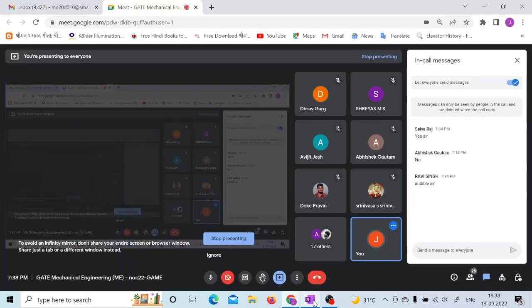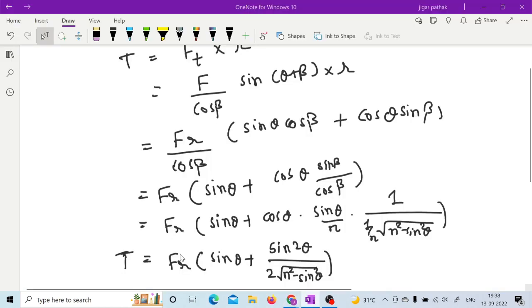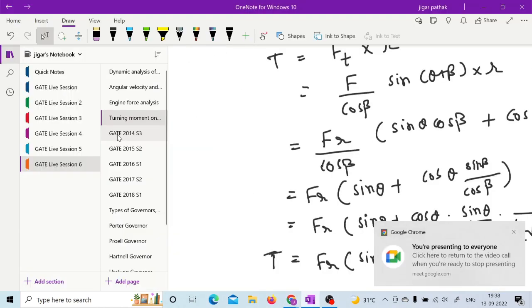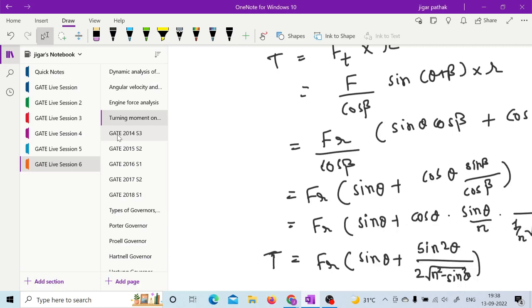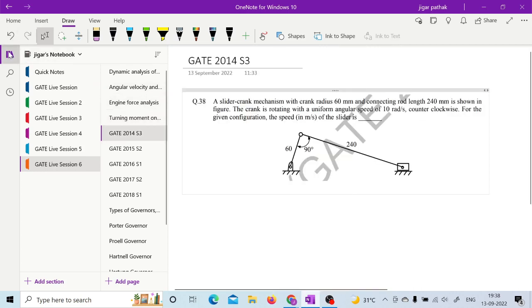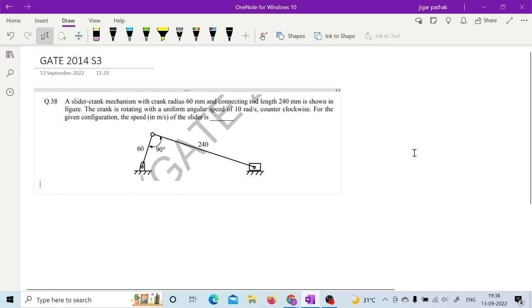So now once you are having this idea about the various forces acting on it and this turning moment acting on it, then we can go for some of the questions from the same area in GATE. Here is a question from GATE 2014 session 3: a slider crank mechanism with crank radius 60 mm and connecting rod length 240 mm is shown in figure.